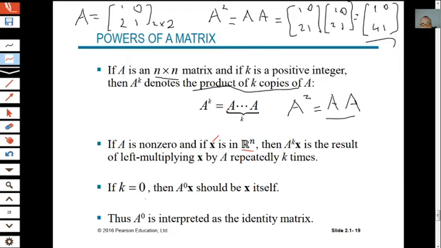Okay, if k is equal to 0, then it should be X itself. A to the power 0 will be the identity matrix actually, or 1. So this one should be X itself. Therefore A0 is interpreted as the identity matrix, as I say.